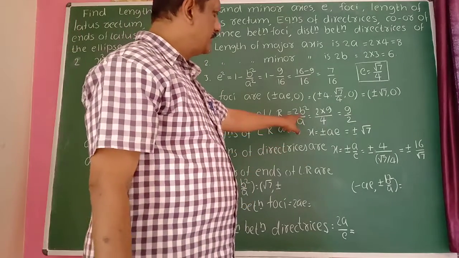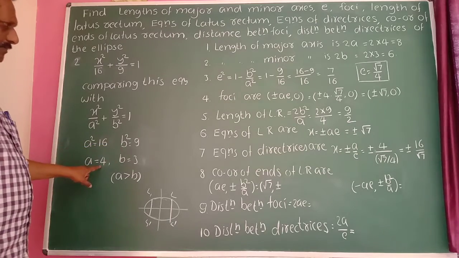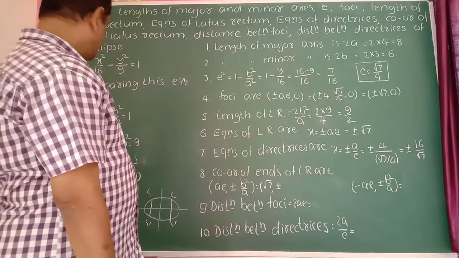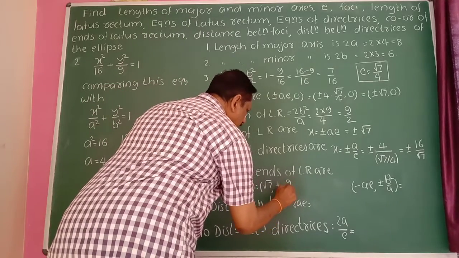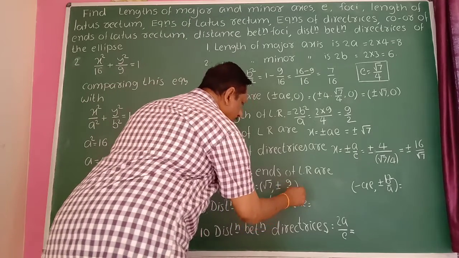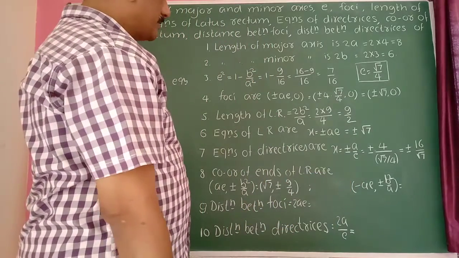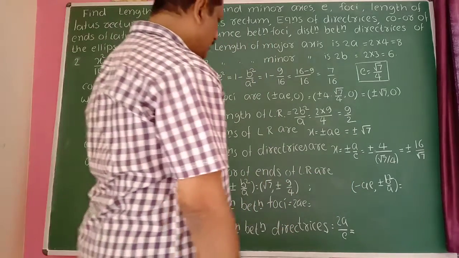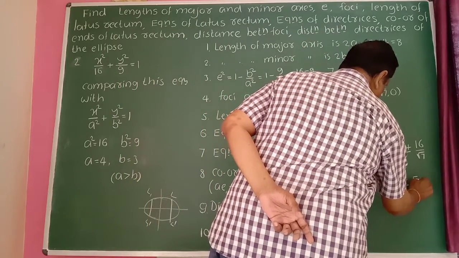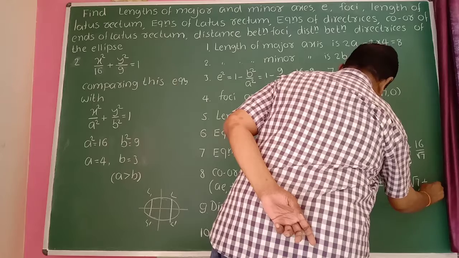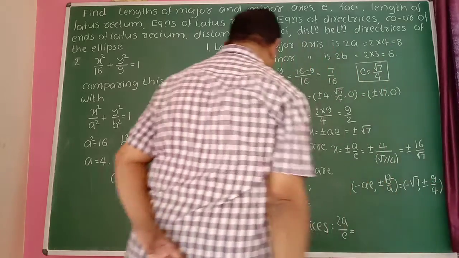So ae is root 7, giving minus root 7 comma plus or minus 9 divided by 4.